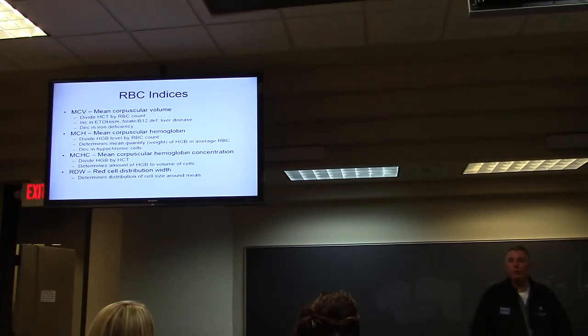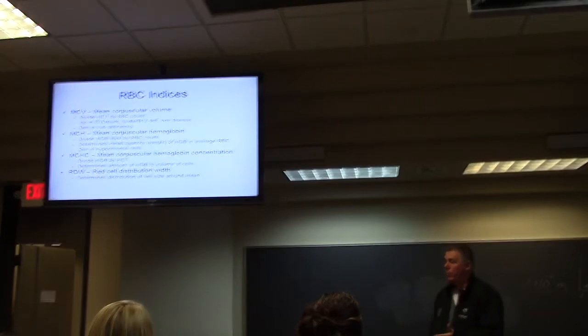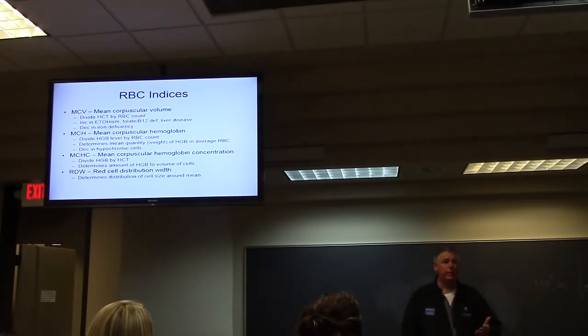The RDW is the red cell distribution width. It's kind of interesting because it gives you the range of the sizes of RBCs around the mean. In cases of diseases like anemia, where you really don't understand what's going on, look at that RDW.